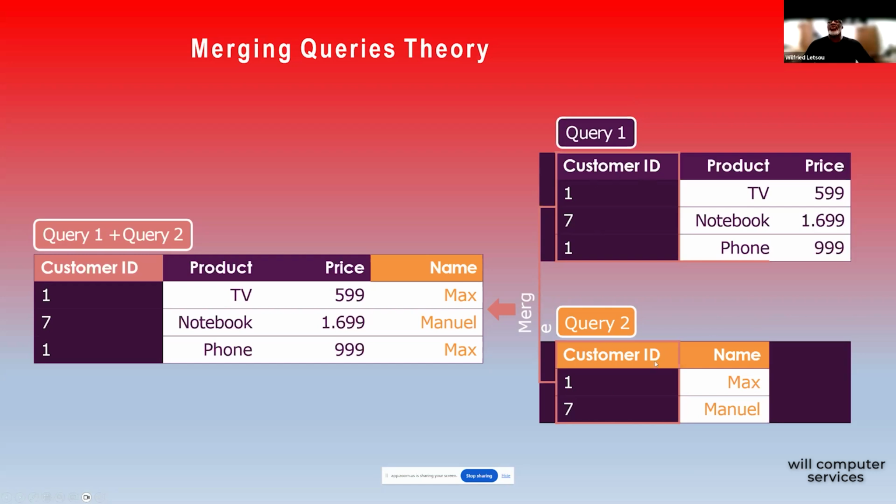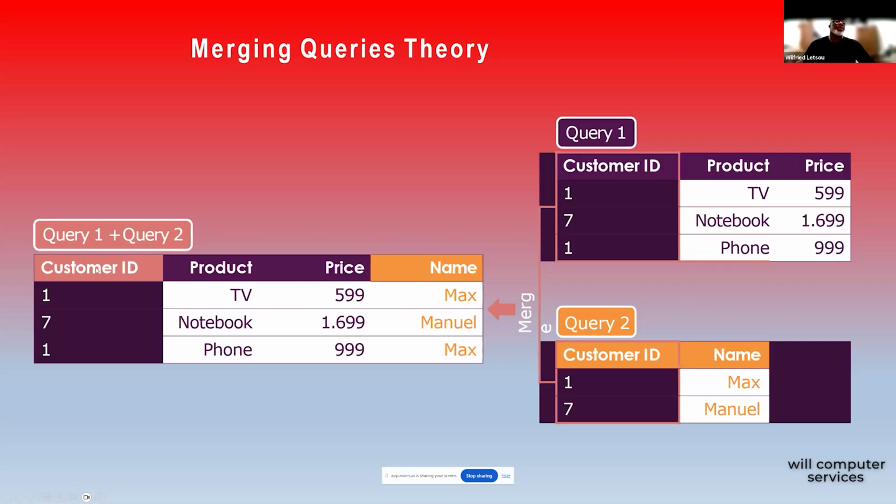Here we have customer ID, name. We don't have product, we don't have price. Because the customer ID and the customer ID are matching, we use these two columns to combine these two tables into one table here. Query 1 plus query 2, we call it table 1 plus table 2. So when you hear query, it is a table they are trying to refer to.